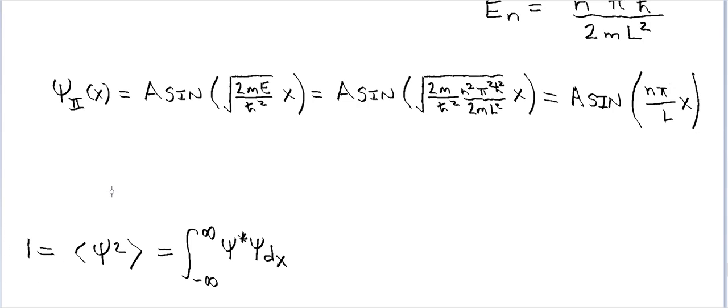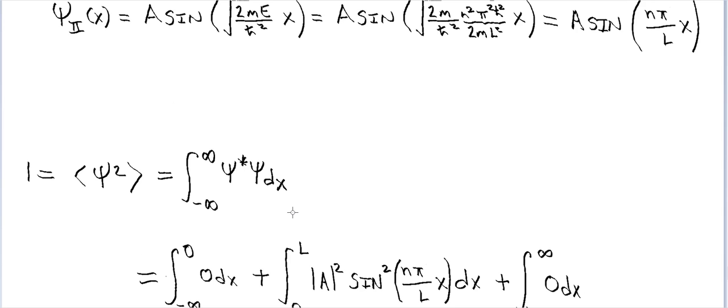It has to give unity as a result. And so this is our normalization criterion. The particle is somewhere. And so if the expectation value of psi squared is the probability of finding the particle in a region of space, then that has to represent unity if you look over all space.